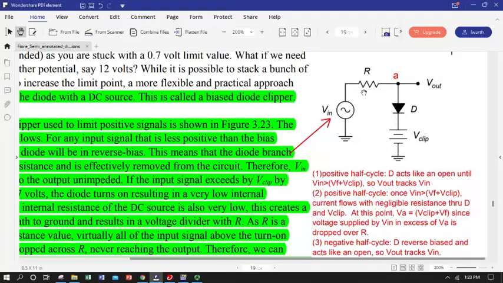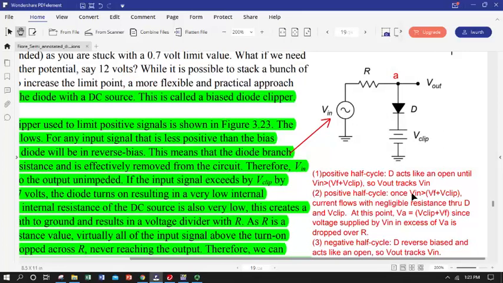Until then, all the current would have to flow over the resistor and into the output circuit, if it was a low enough impedance path. The effect of that is that our output voltage is going to track the input until VA gets big enough to allow current to flow.